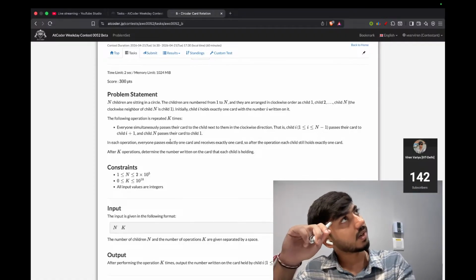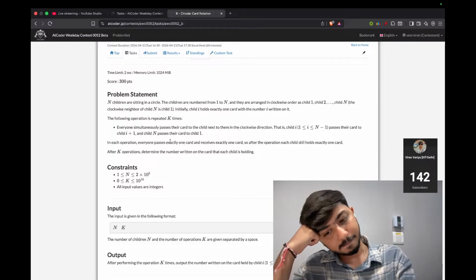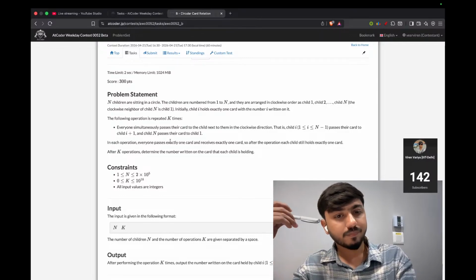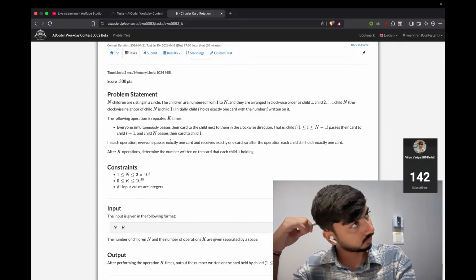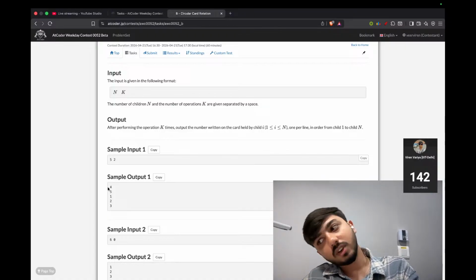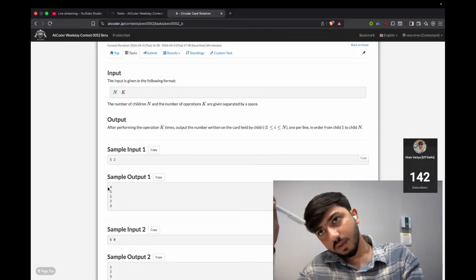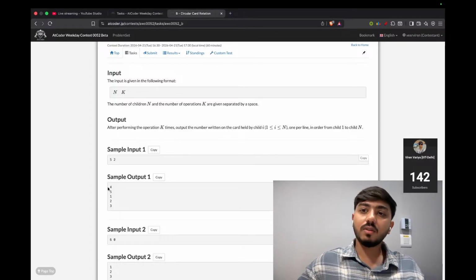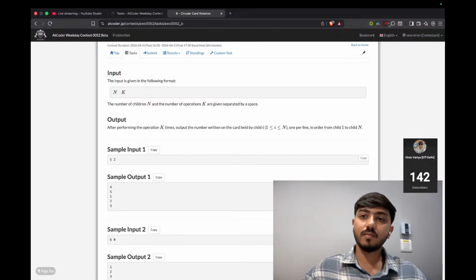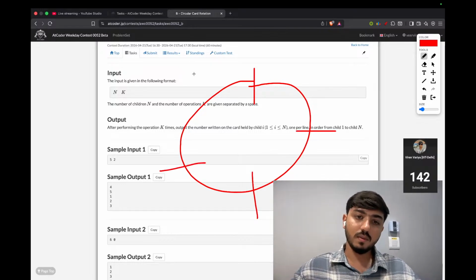Sorry, it's not about circularity only now. After K operations, what will be the number? So actually we need to find the shift. Say we have 1, 2, 3, 4, and 5.